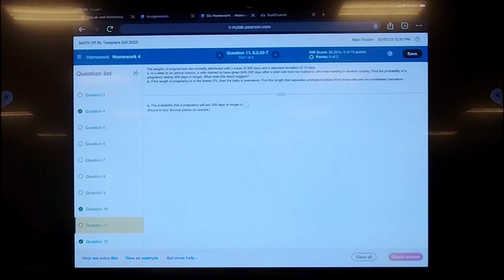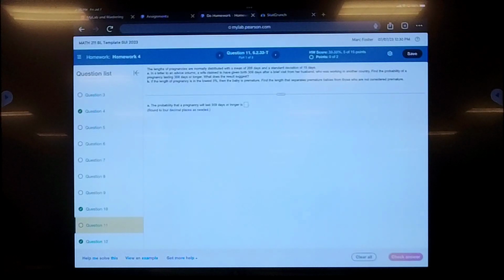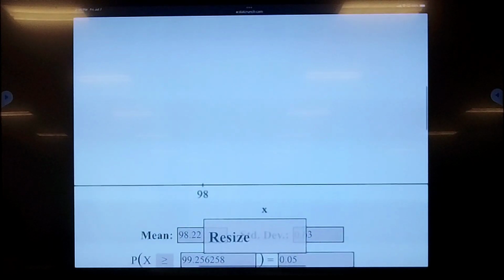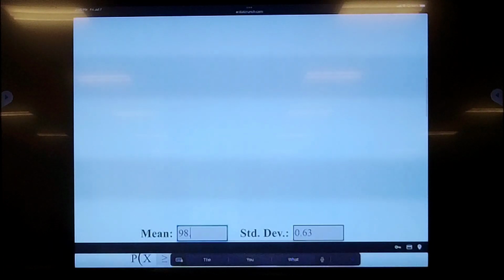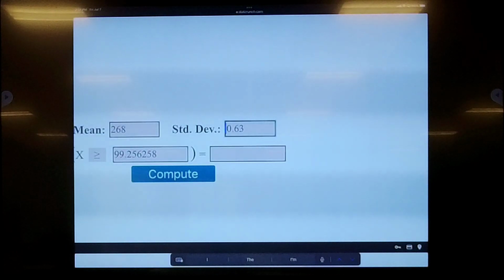It says that lengths of pregnancies are normally distributed, with a mean of 268 days and a standard deviation of 15 days. So, average pregnancy length is 268, standard deviation 15.